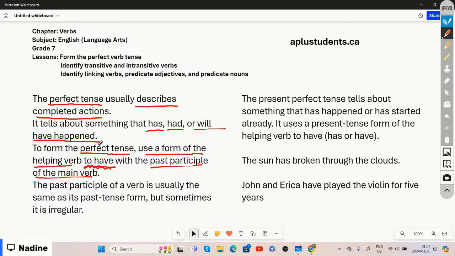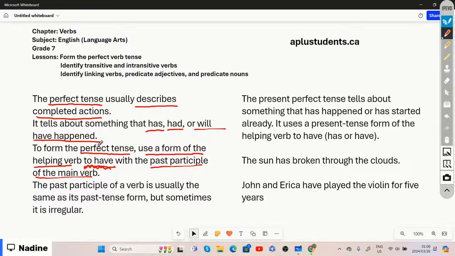Then the past participle of a verb is usually the same as the past tense form. So the past participle of the verb is usually the same as the past tense of the verb, but sometimes it is irregular.